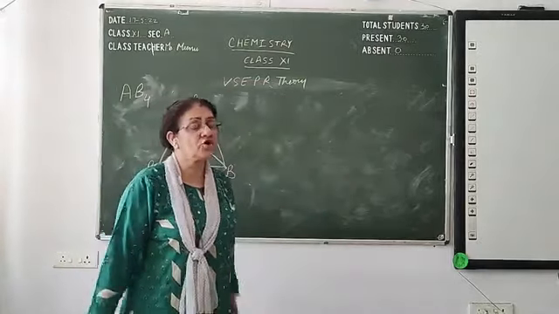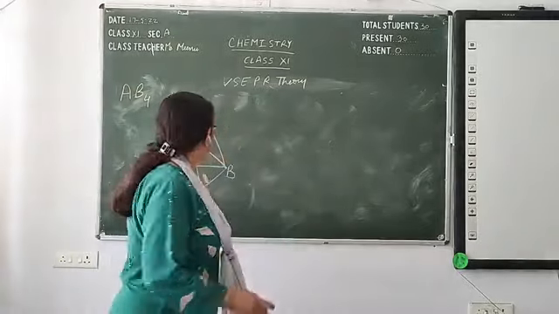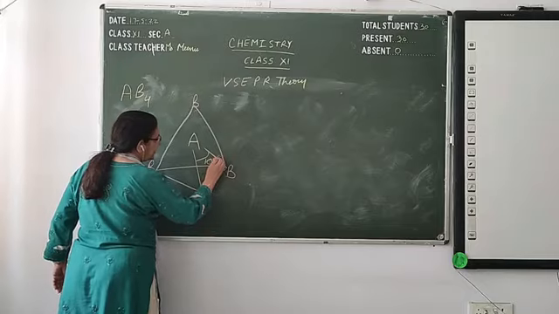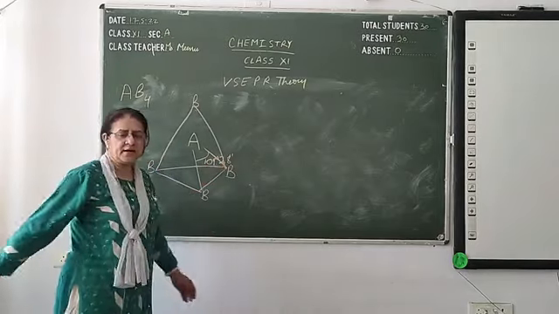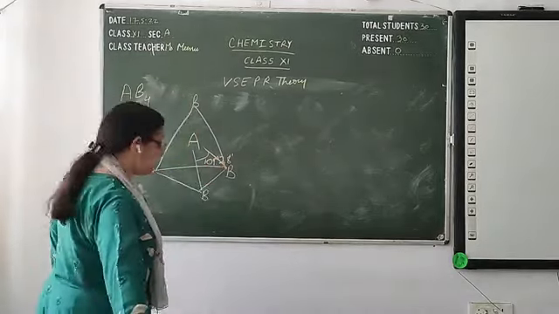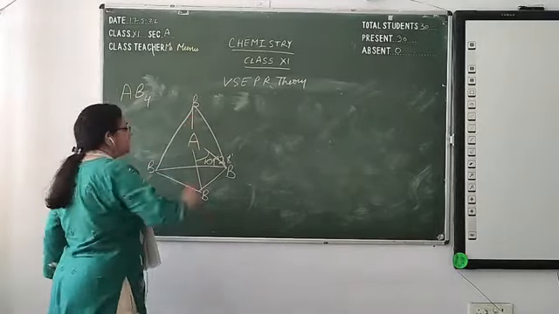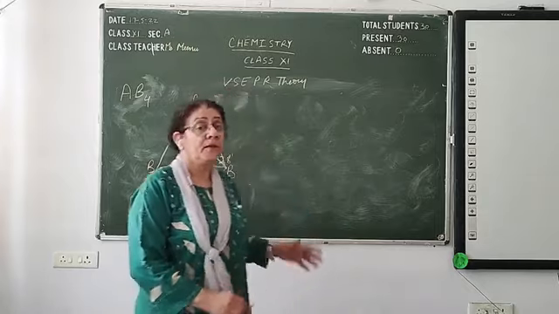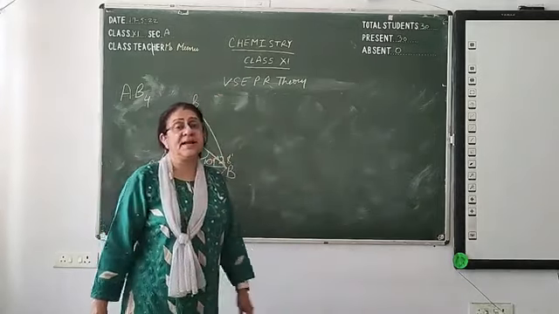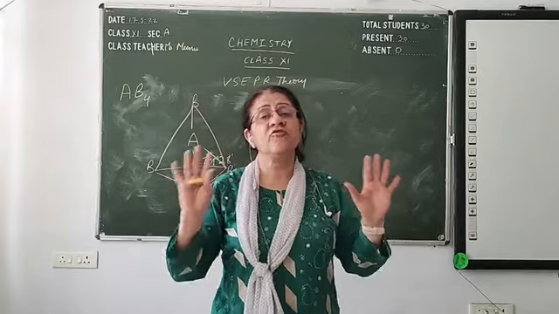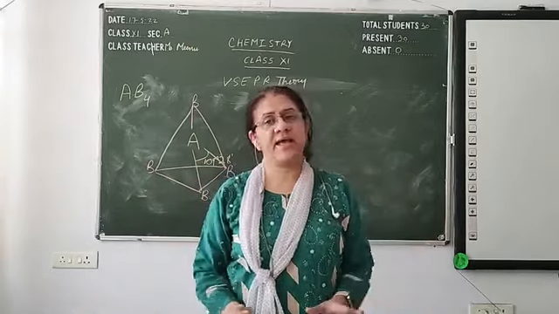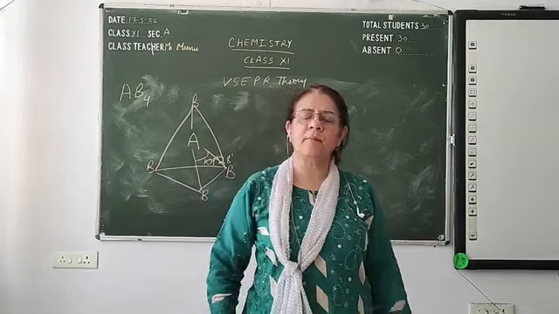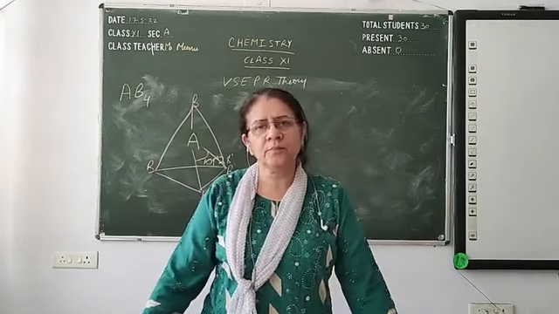What is the advantage of having a tetrahedral shape? It gets the bond angle 109 degrees 28 minutes. The bond angle in a 3D shape is 109 degrees 28 minutes, and hence the bond pairs tend to stay as far apart as possible. So what is the example? Can you guess the example of AB4 molecule?